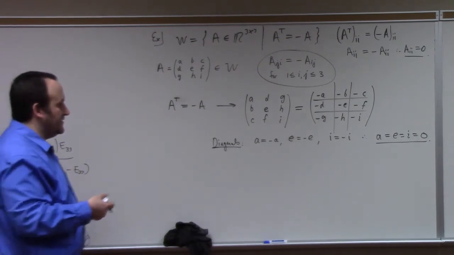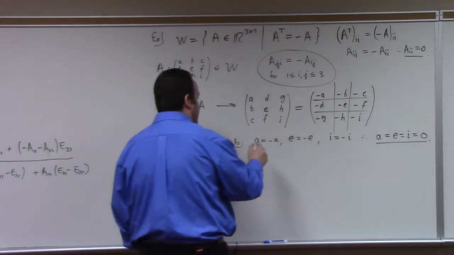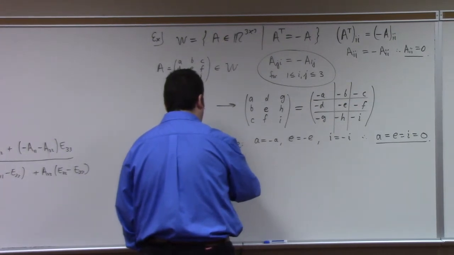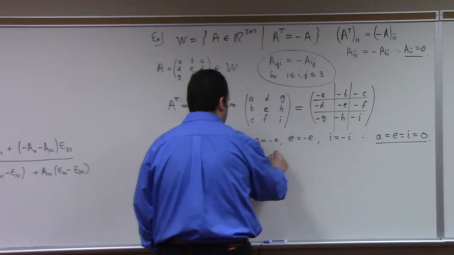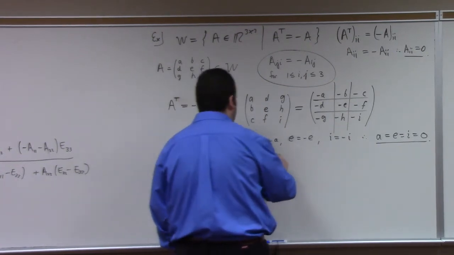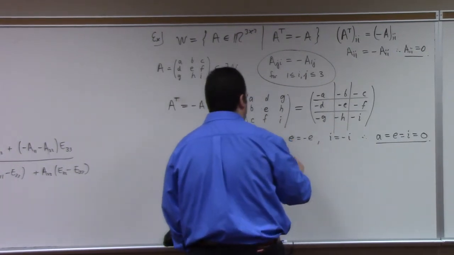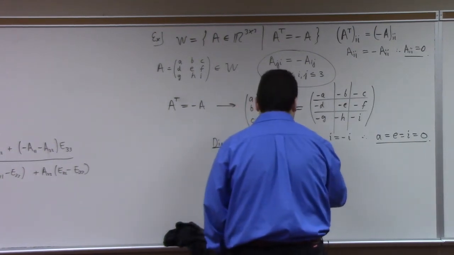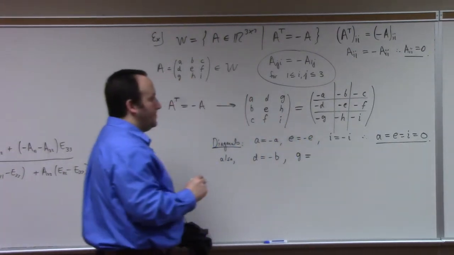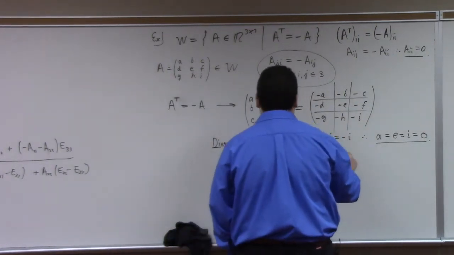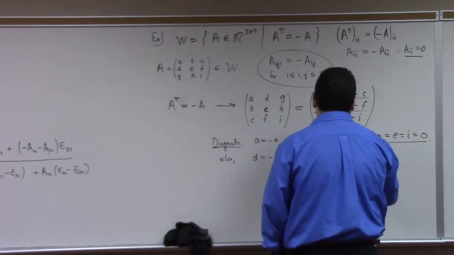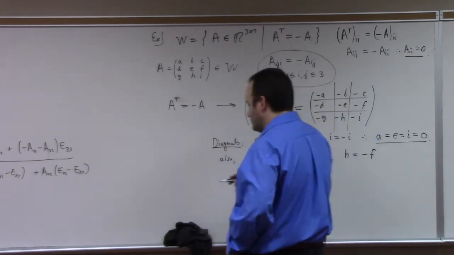And then what else do we have? What are the other equations off diagonal? Yeah, what's that? D equals negative what? Oh, negative B, right? You said that. G equals what? Negative C. And finally, H equals minus F, right?